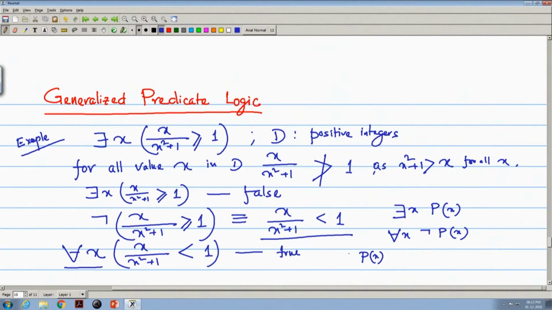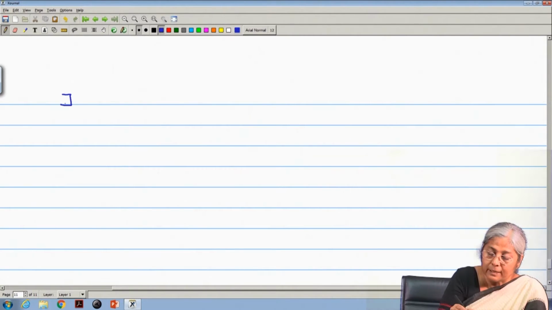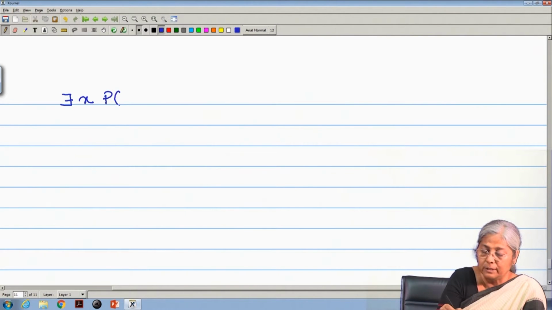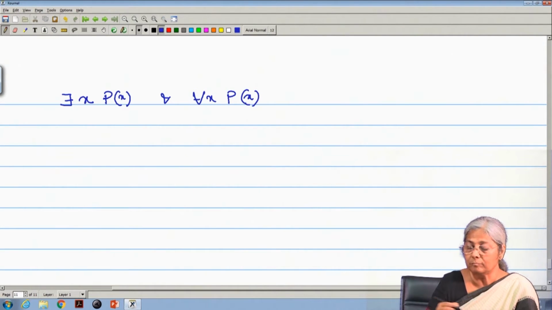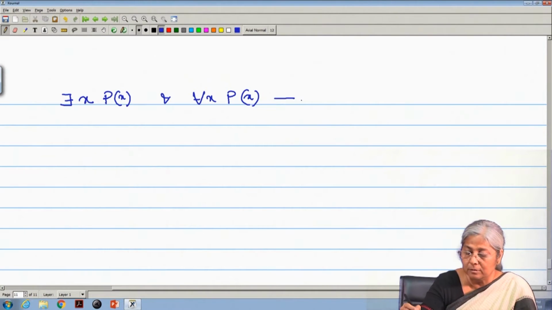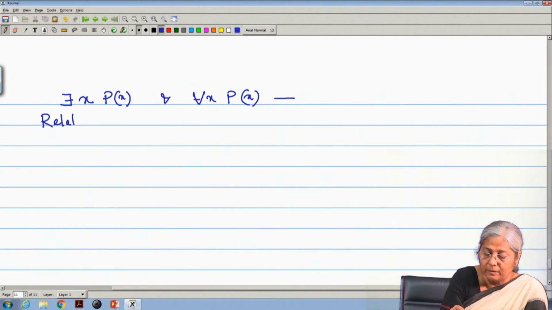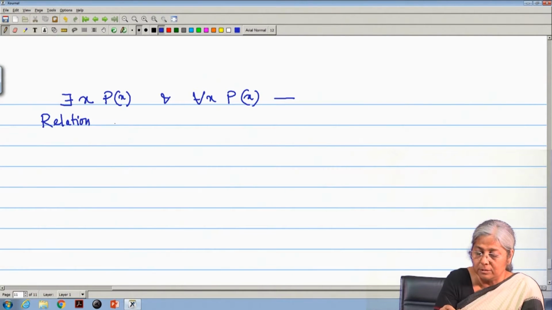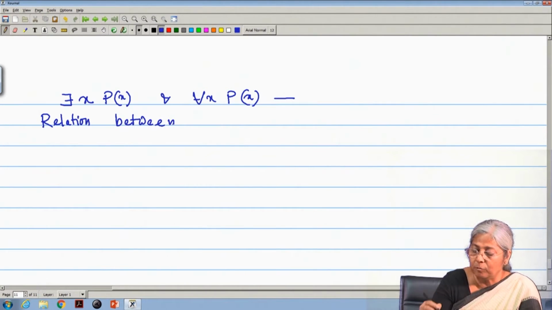So, what we can tell from this simple example is that there exists x p x, and for all x p x, are connected, or there is a relation between these two, there exists x and for all x.